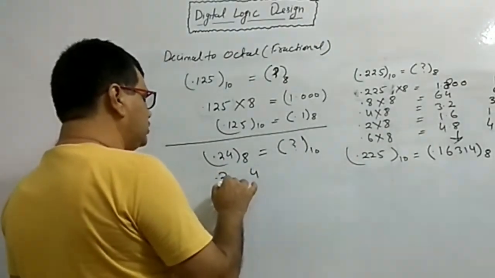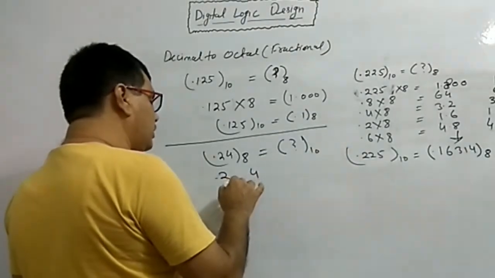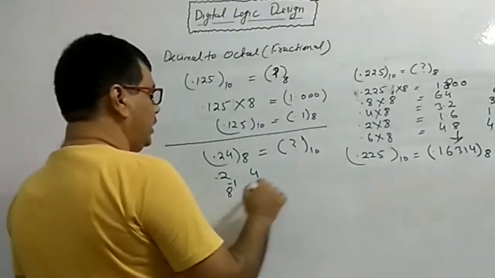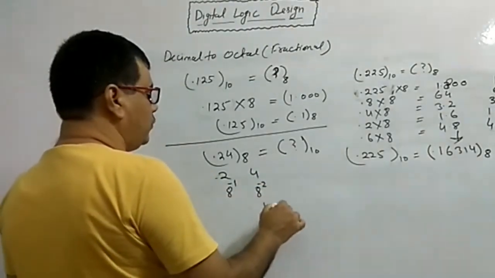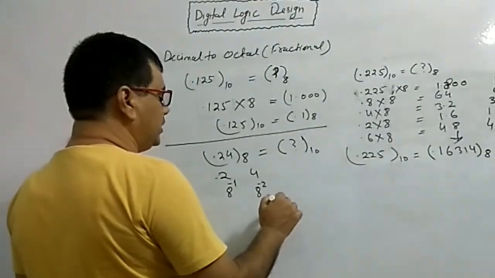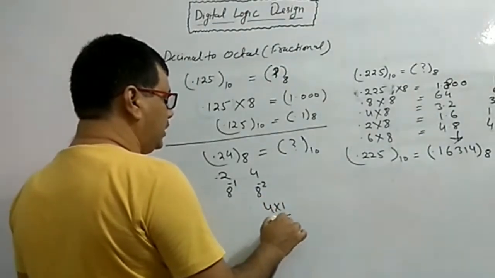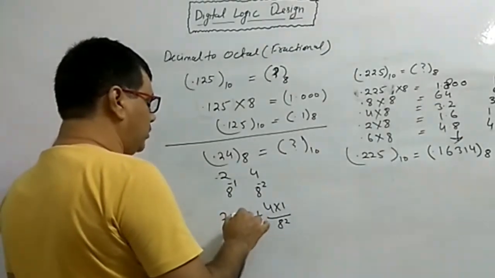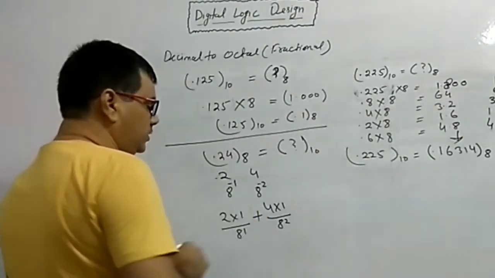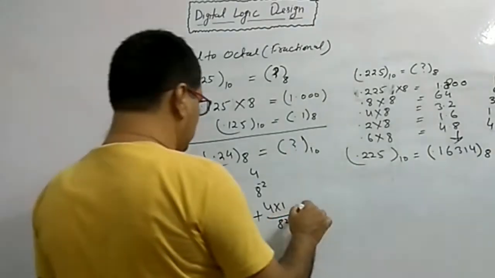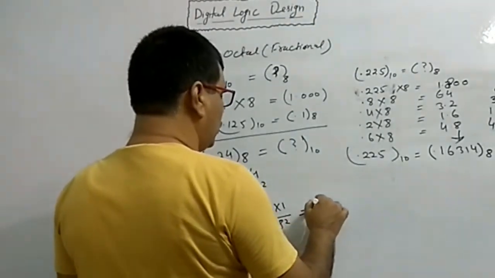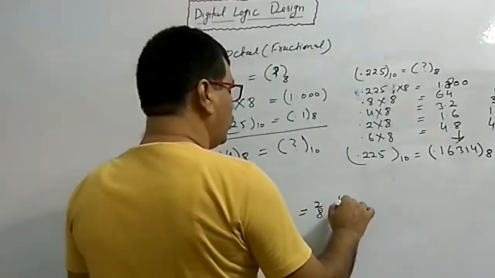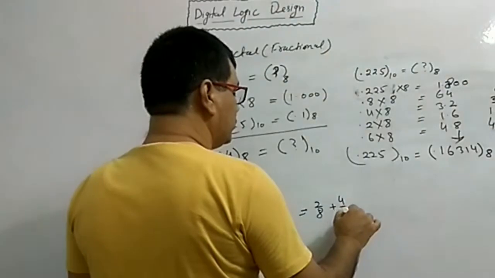The weight of this is 8 to the power minus 1, the weight of this is 8 to the power minus 2. Multiplying them, 4 into 8 to the power minus 2 means 4 upon 8 squared, plus 2 into 8 to the power minus 1 means 2 upon 8, and this is equal to 2 upon 8 plus 4 upon 64.